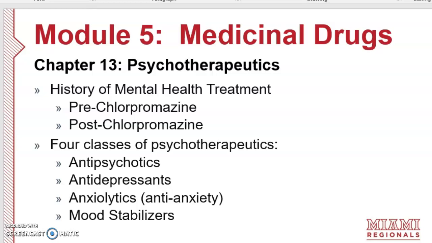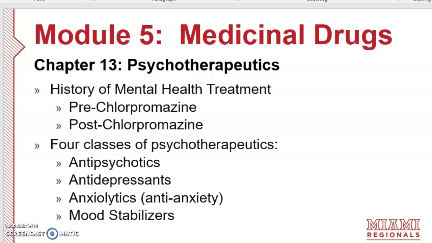So in Chapter 13, we talk about the psychotherapeutics. We'll review the history of mental health treatment. This is a really fascinating review for anybody interested in psychology or mental health. We'll talk about what mental health treatment was like prior to the development of the first psychotherapeutic drug, chlorpromazine. So we talk about the pre-chlorpromazine era.